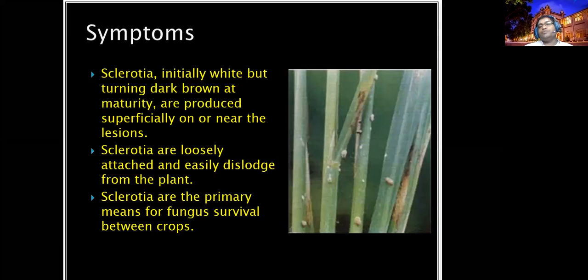This sclerotia has a specific characteristic: it can float. When the water is moving it can spread to an adjacent field, and if the adjacent field gets infected, you can expect your field will get infected too. But for the initiation of the disease the rice field should have water, otherwise you cannot expect this sheath blight disease.